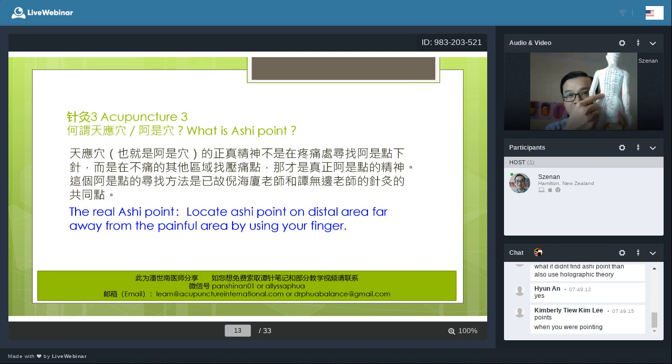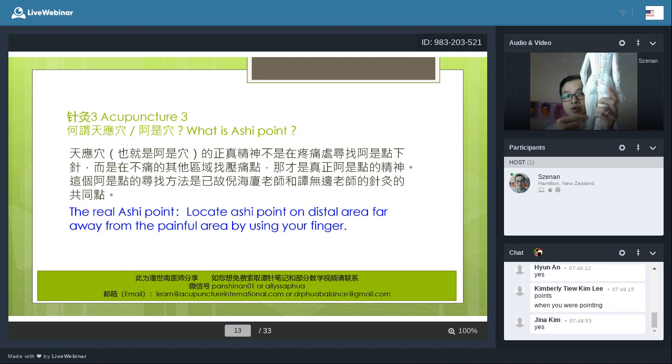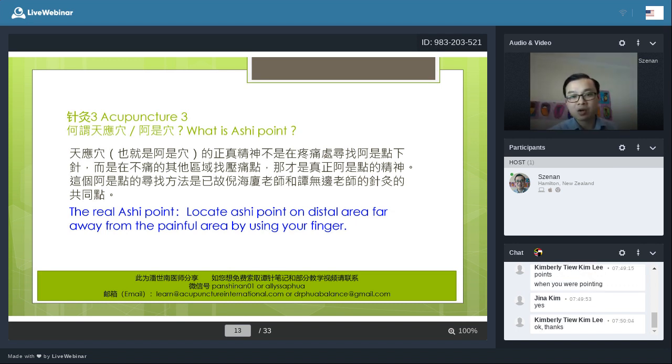It actually means you go to the distal point, distal area. Pain in the lower back, you come to here, you get the R point from here and needle and get result from here. Or if it's on the head, you get the R point on the head, needles, and you get result from here or on your hand. Okay, this is what I mean.